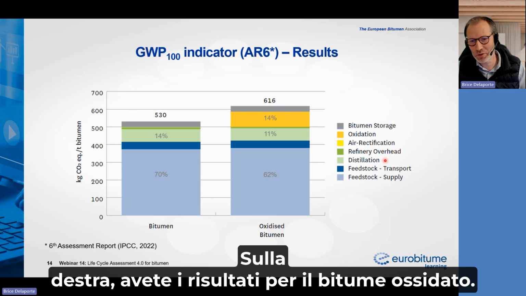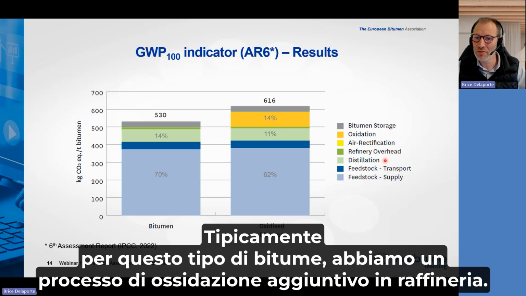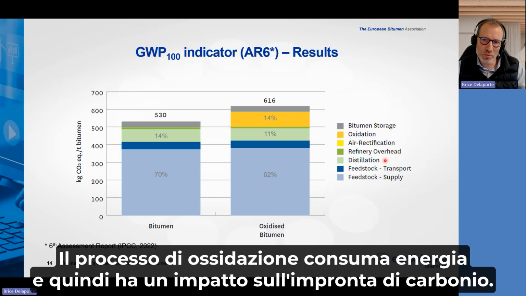On the right-hand side, you have the results for the oxidized bitumen. So typically for this kind of bitumen, we have an additional oxidation process at the refinery, which consumes energy and then has an impact on the carbon footprint.